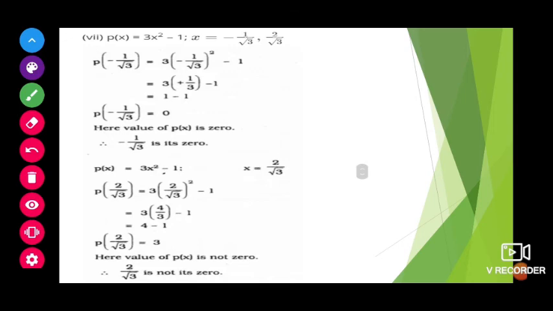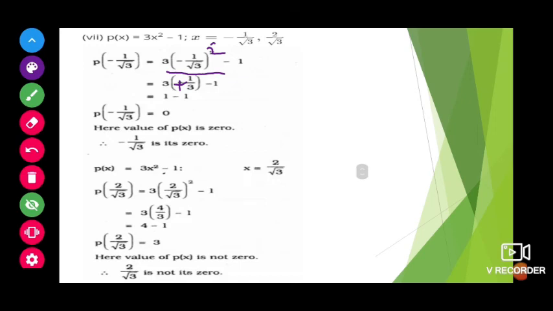Next one, p of x equals 3x square minus 1, x equals minus 1 by root 3, comma 2 by root 3. Same, substitute into 3x square minus 1. So 3 into, in the place of x we write minus 1 by root 3, whole square, minus 1. Whenever we apply square here, the minus will become plus. The square applies to both numerator and denominator.